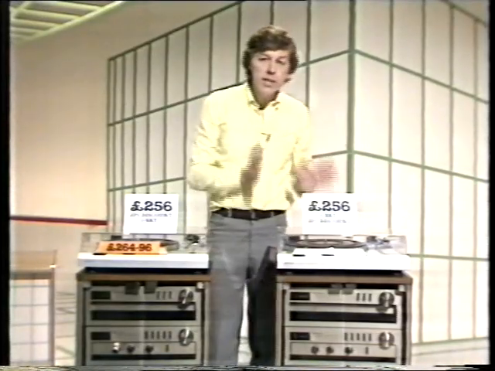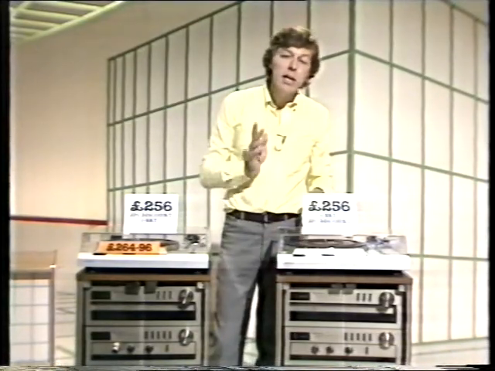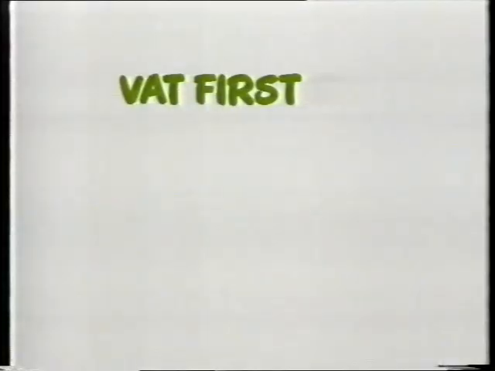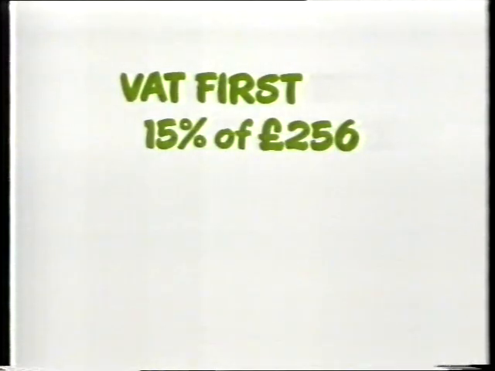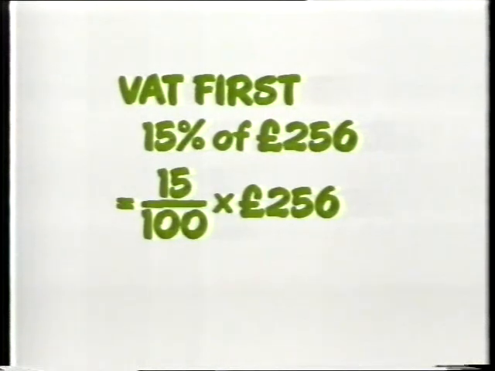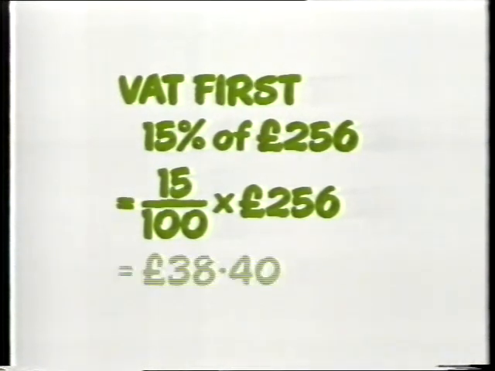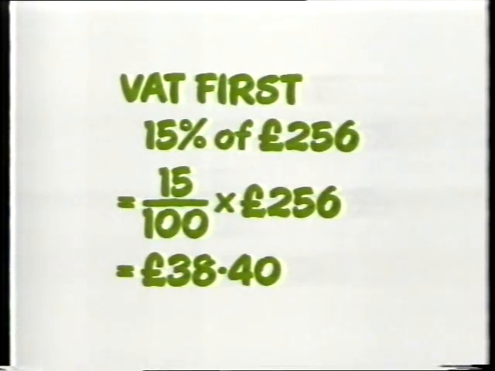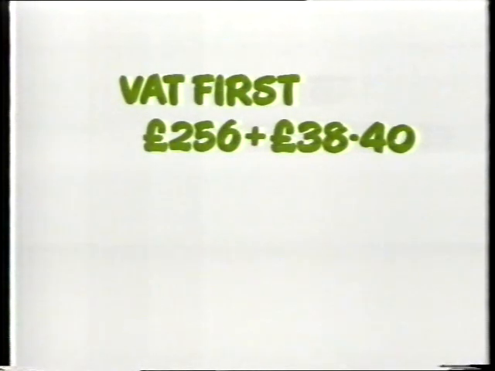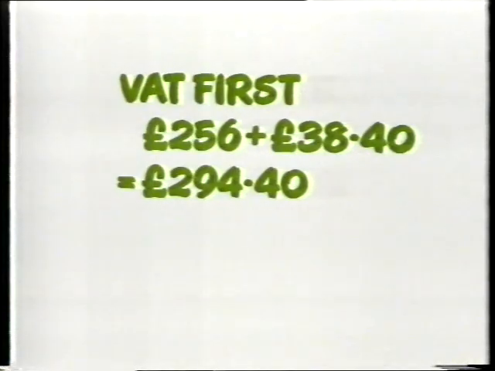Now, we've got to do a similar calculation for this one, but calculating VAT first. VAT is 15%, so we want 15% of £256. That's 15 hundredths times £256. That's £38.40. We add that to give a price plus VAT of £294.40. Now we calculate the discount.